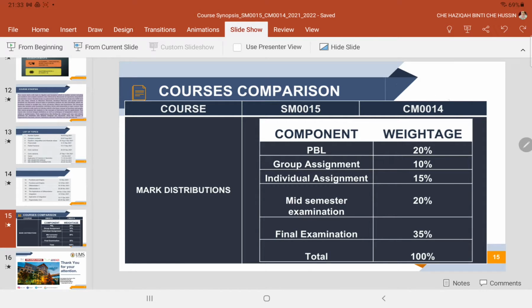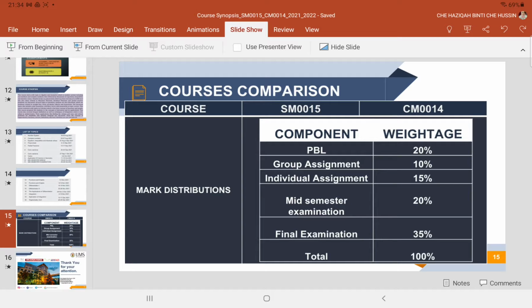Then we can see the course comparison for science and IT, CM0014. The components are the same. We have problem based learning, the group assignment, and the individual assignment, which you need to submit at the end of the semester by completing the exercises in the lab manual.